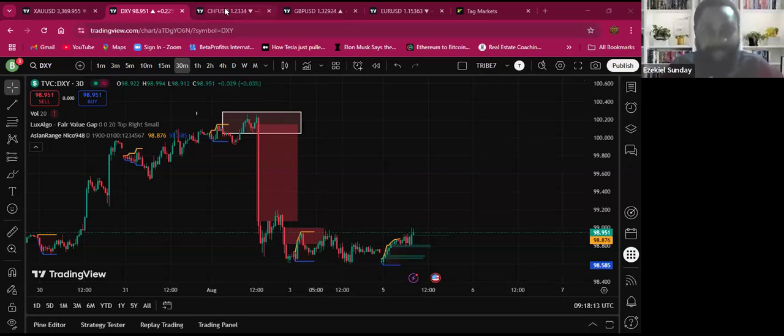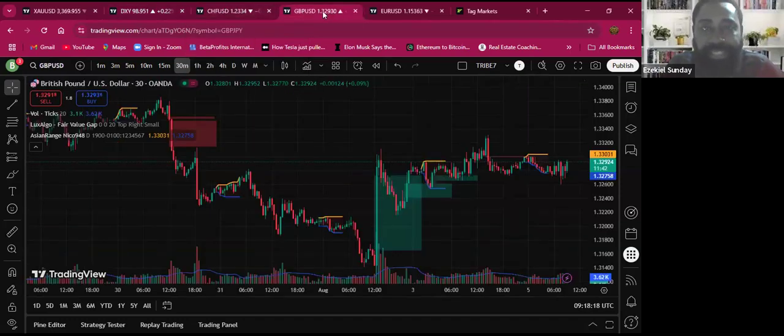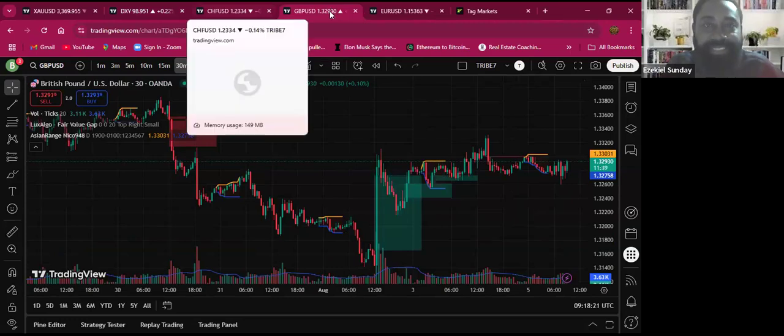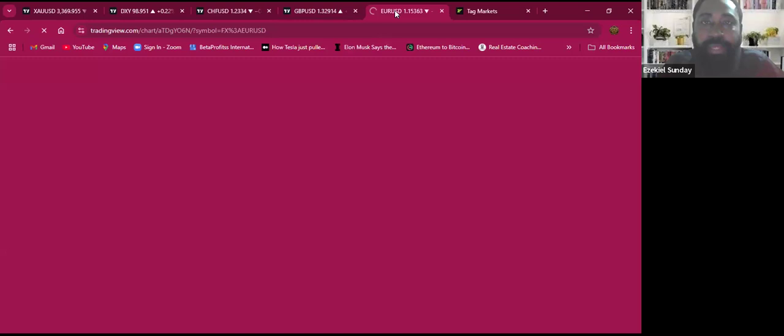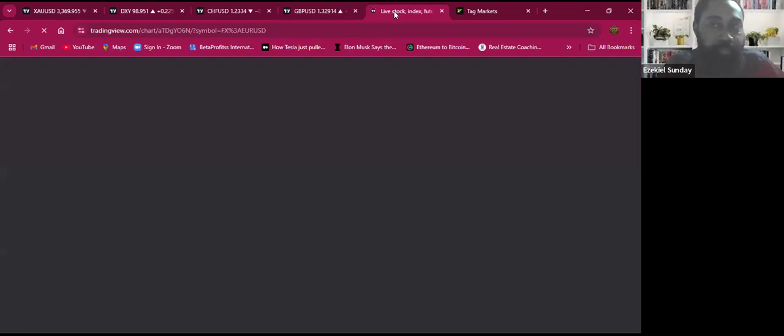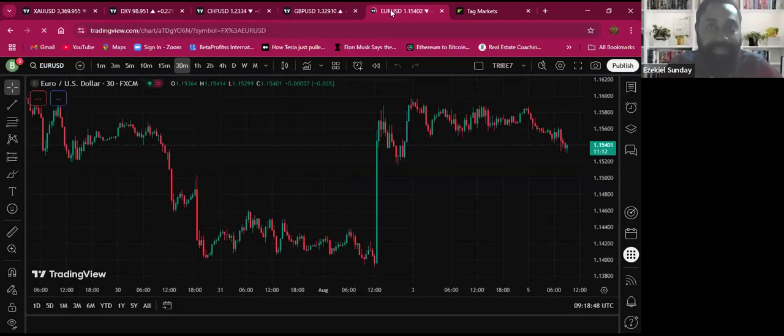So which are those currency pairs that are inversely correlated? We have GBP/USD. Any pair that has USD, those are the ones that DXY works hand in hand with. Then EUR/USD is another one, and the New Zealand dollar is another one.